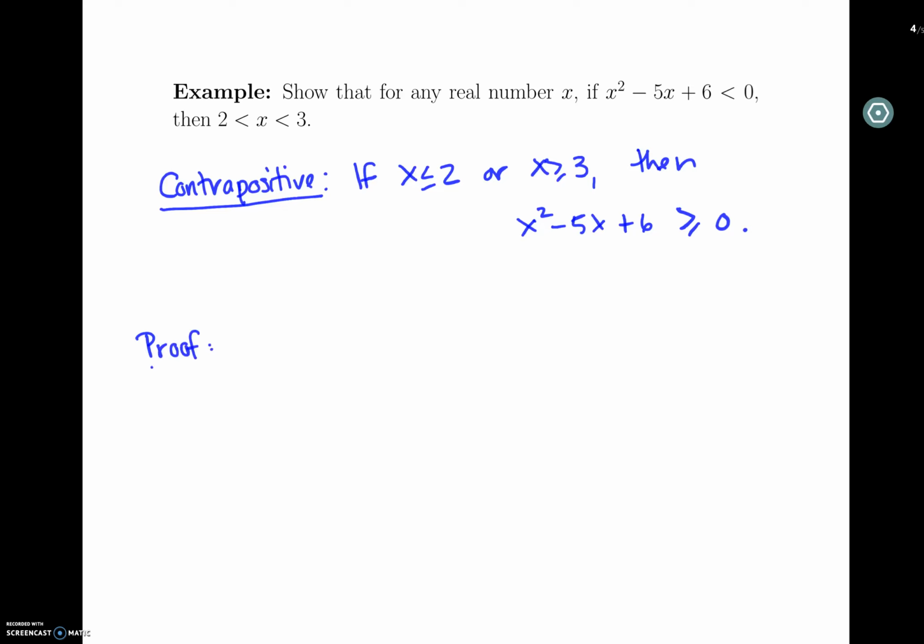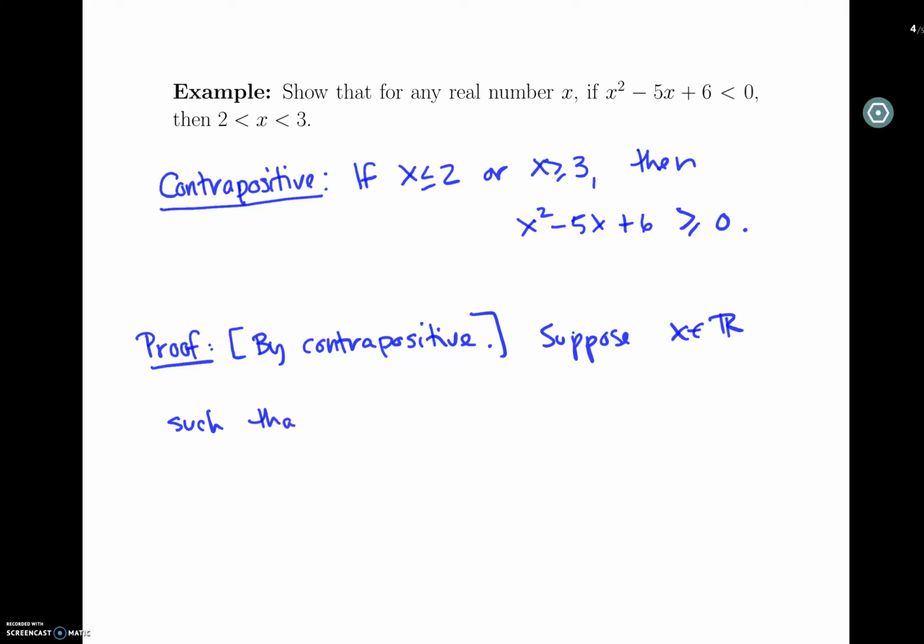So for our proof, we'll again go by contrapositive. And we will suppose that x is a real number such that x is less than or equal to 2, or x is greater than or equal to 3.